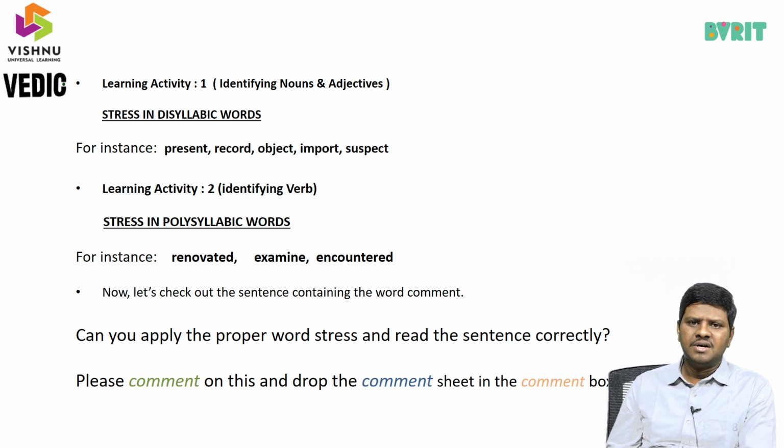So in order to identify, according to the context, whether the word is a verb or a noun, if they understand, then they can easily keep the stress mark on the particular syllable. As we have discussed already, the rules tell them which syllable takes stress.